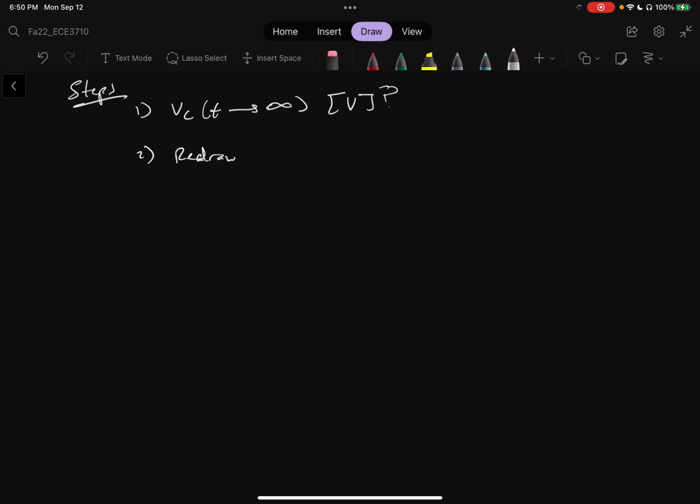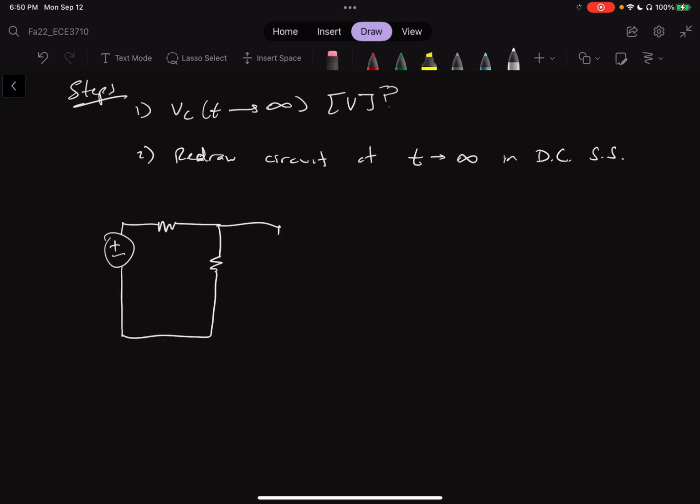Redraw the circuit at t approaching infinity in DC steady state. We have the voltage source, this resistor, and an open circuit, plus, minus, Vc of t approaching infinity.